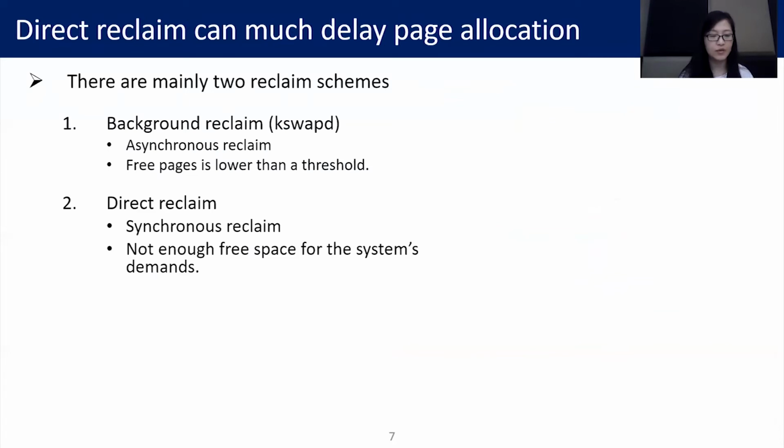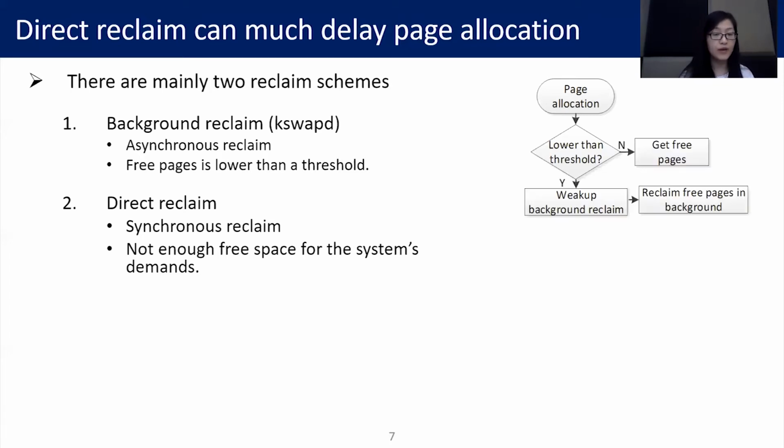Let's see the reclaim scheme. There are mainly two reclaim schemes, background reclaim and direct reclaim. Let's see the page allocation flow. It shows how they work. During page allocation, if the number of free pages is lower than a threshold, the background reclaim starts asynchronously.